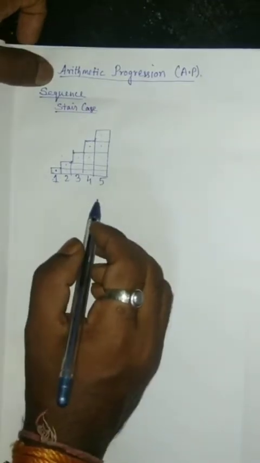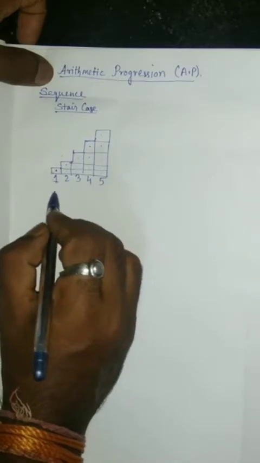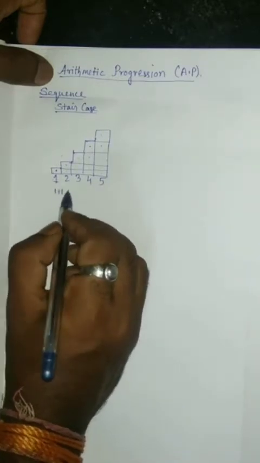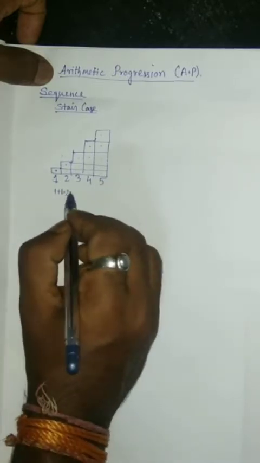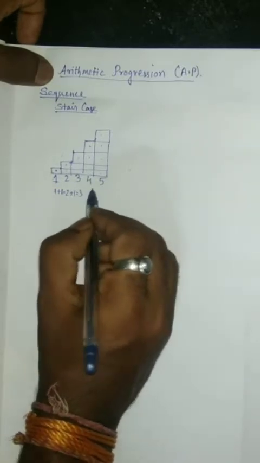Now see, from 1 to 2, if I add one more 1, it will become 2. Same way, if I add one more 1, it will become 3.